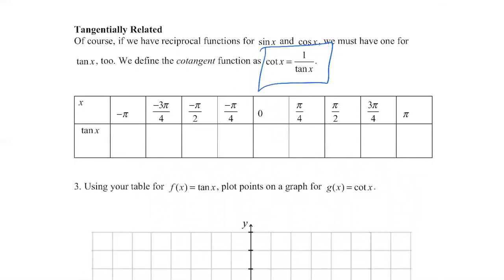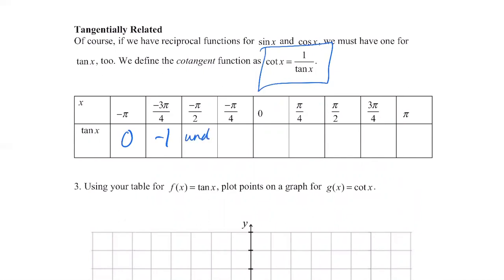So the tangent of negative pi. Well, the tangent value of negative pi is y over x, so that's 0. The tangent of negative 3 pi over 4 is negative 1. The tangent of negative pi over 2 is undefined.